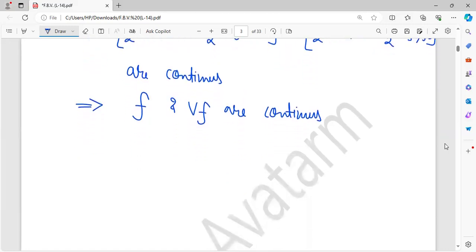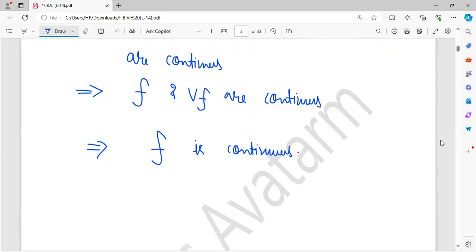So I need only one thing: this implies F is continuous. Okay, so finally, I can write a corollary.